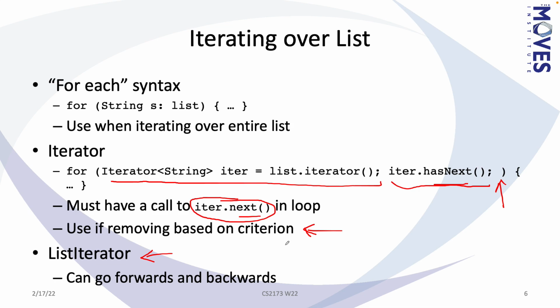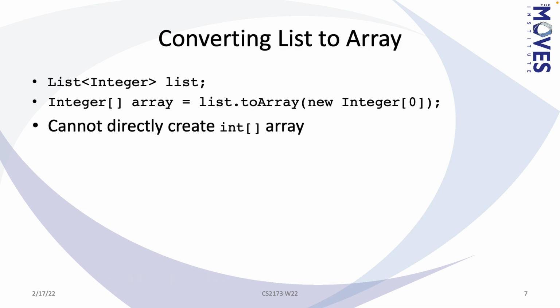The iterator can just go forwards, but the list iterator can go forwards and backwards. It's actually been several years since I've used one of these. Now, we can convert a list to an array as follows. So let's say I had a list of integers.